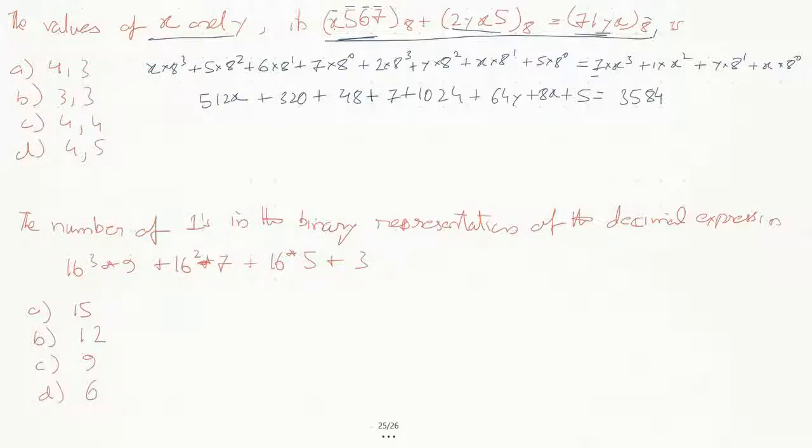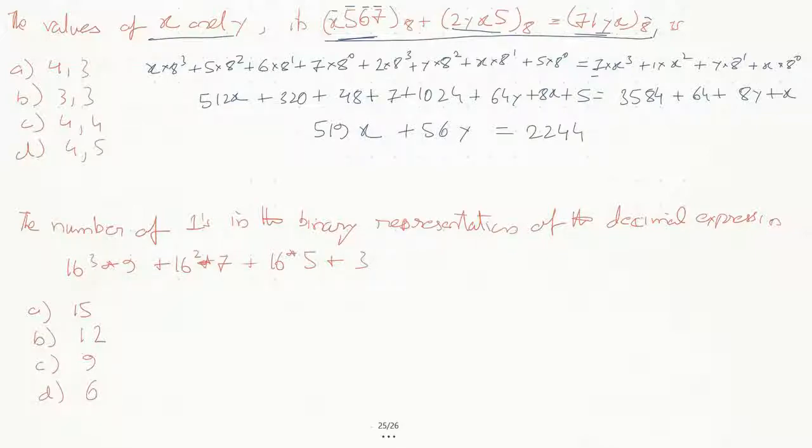Now obviously I have pre-calculated this, and 64 plus 8y plus x. Okay, so after evaluating, because we don't have space, let me write the pre-evaluated value. So after solving the entire expression, we are going to get 519x plus 56y is equal to 224.